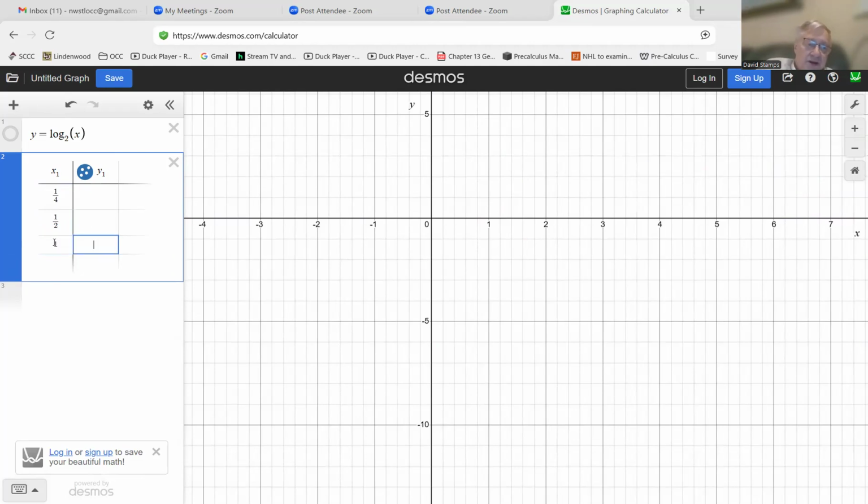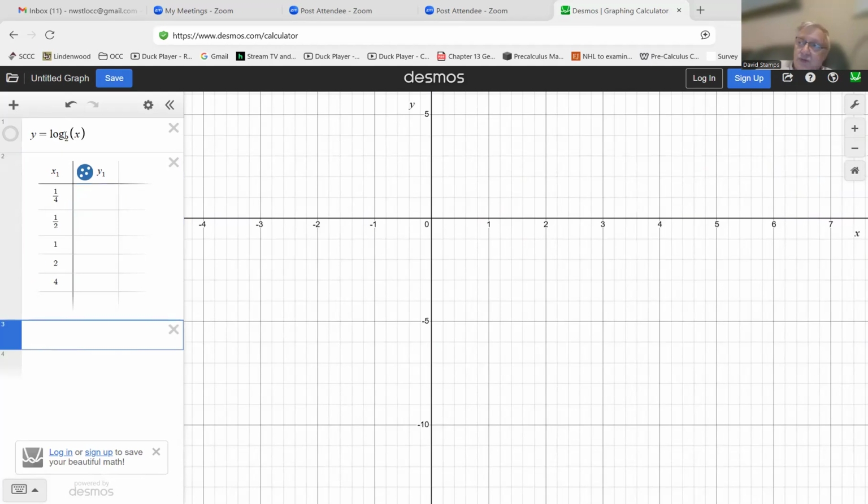This will be 1, 2, 4. Now, ordinarily, I might put in maybe 7 points, but to be abbreviated here. Now, these are kind of tricky. If I put in this x value up here, and I say log base 2 of 1/4, ask yourself, what power do I have to raise the base 2 to in order to get the answer 1/4?